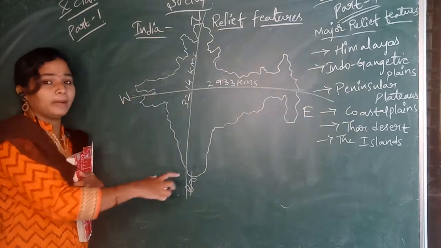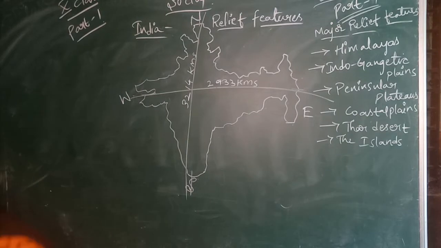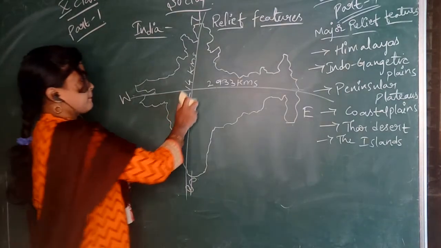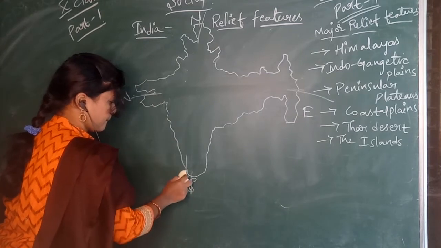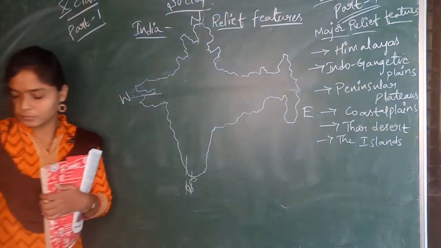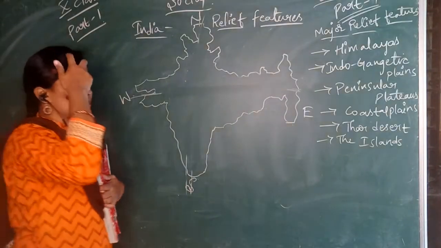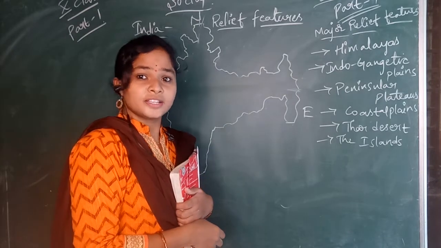Now we locate on the map where the major relief features are. Okay children. The first major relief feature is the Himalayas. Where are the Himalayas situated?